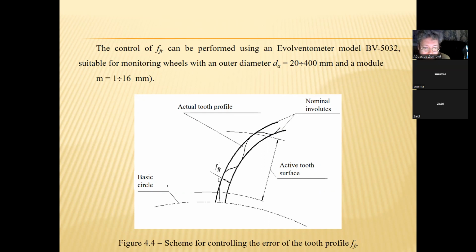So we must find f suffix fr, the scheme for control of error of the tooth profile. This is the distance between two nominal involutes. Between these two nominal involutes is the actual tooth profile with errors.